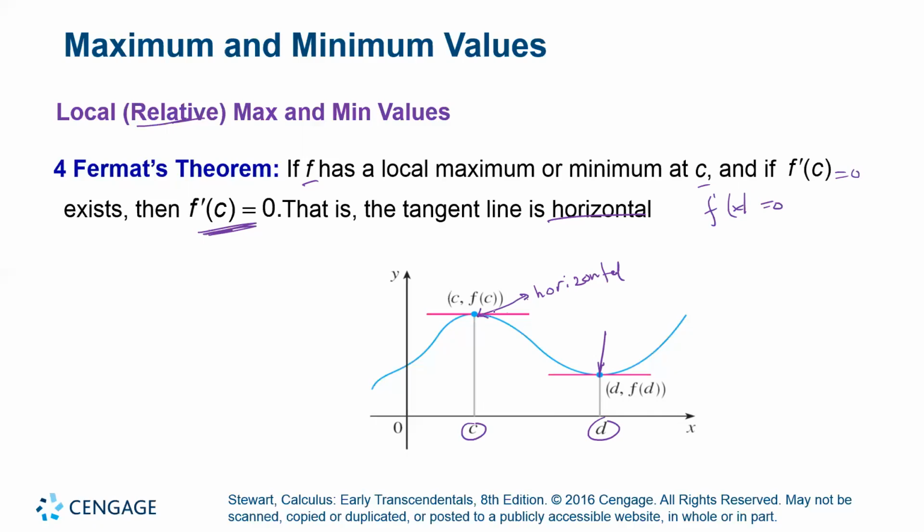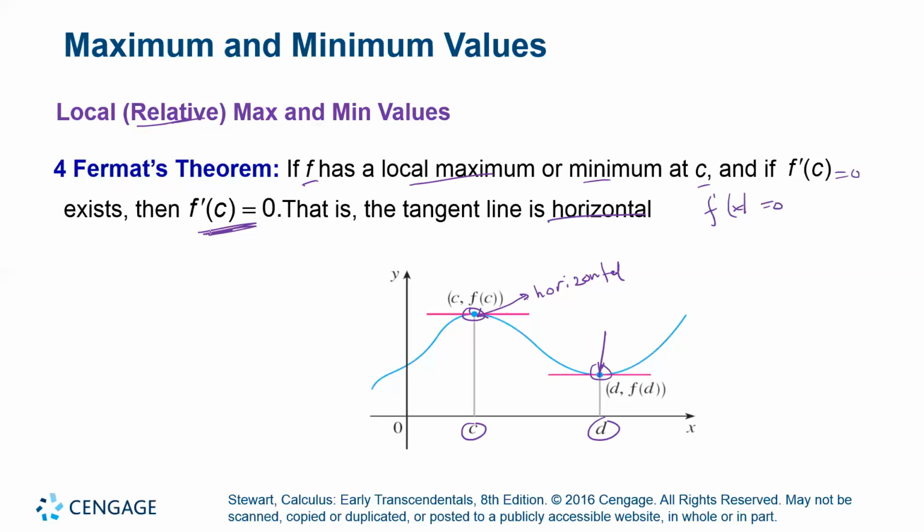Now, Fermat's theorem says there's going to be a local maximum or local minimum there. But is that always the case? If you set f'(c) equal to 0, is it always the case?